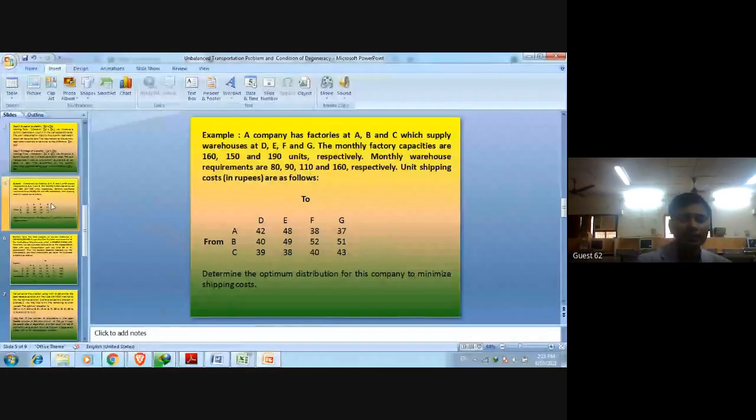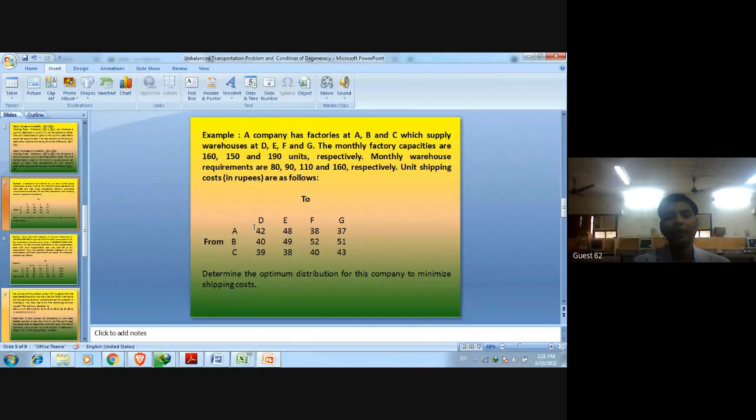In the table, these are the per unit shipping costs. If you want to send the product from factory A to warehouse D, the per unit shipping cost is rupees 42. From factory A to warehouse E, the shipping cost is rupees 48 per unit.